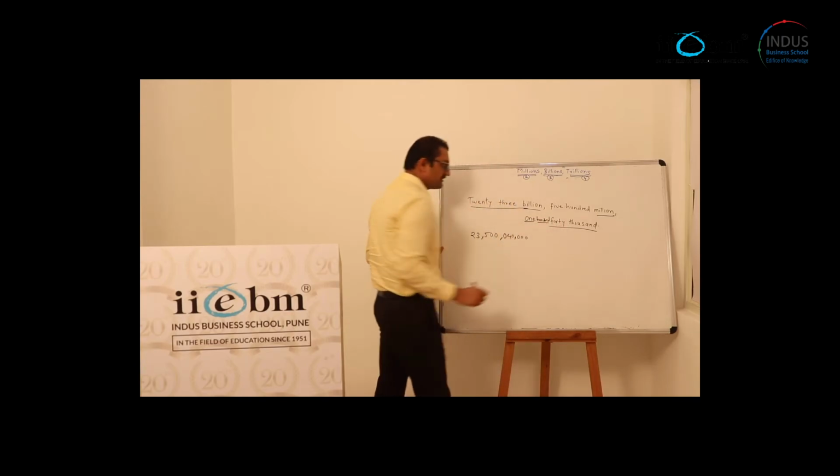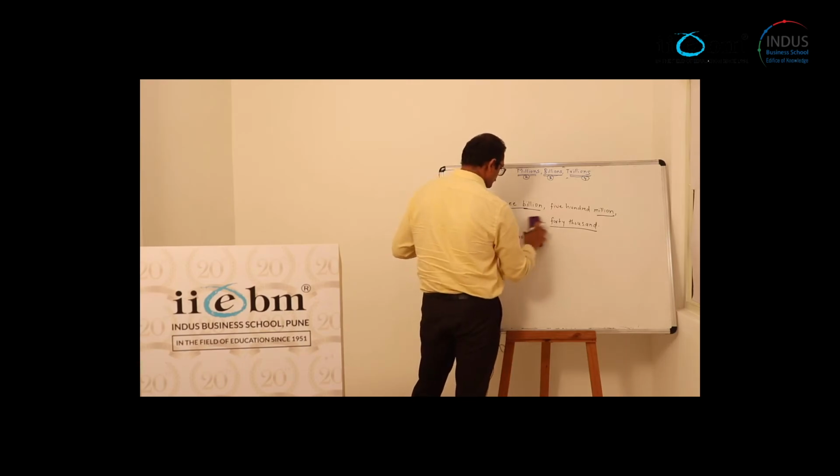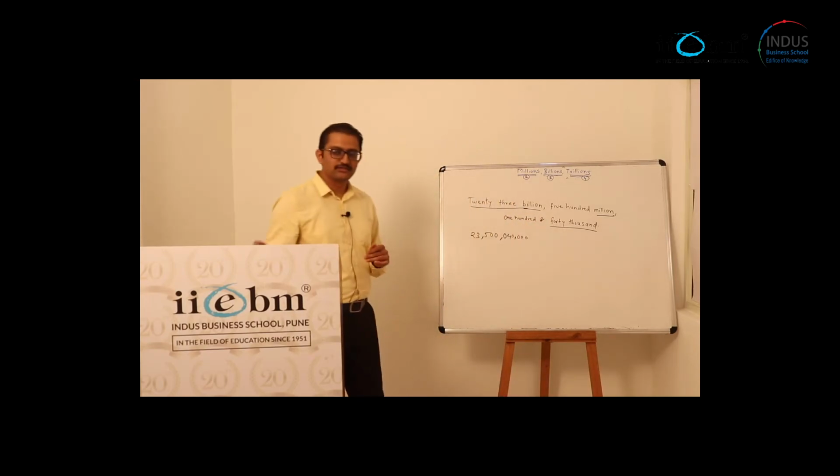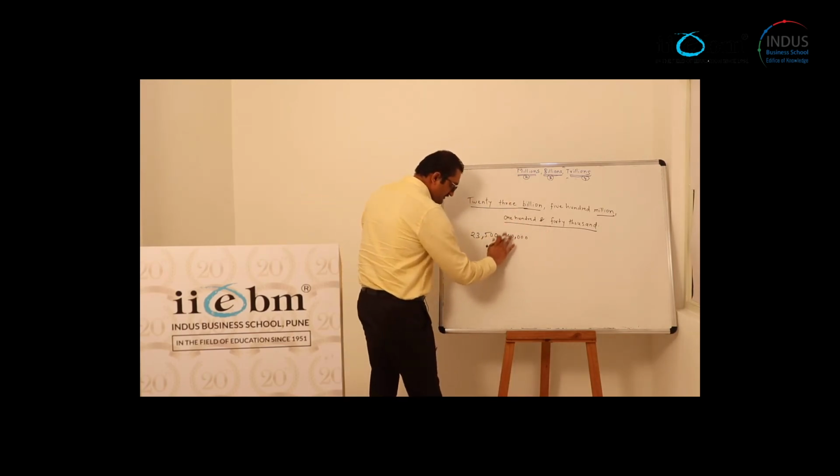If I write it as 140,000, so this will become 140,000, which will replace this 0 with 1.